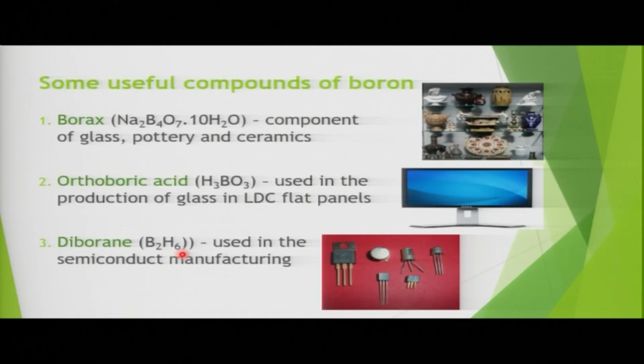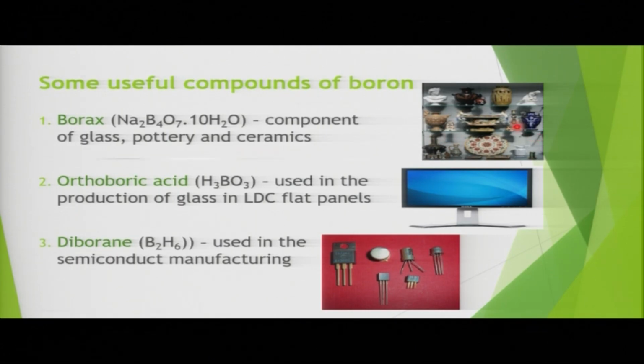So as we come to the end, we look at the uses of most of the compounds of boron. Yes, true, it has abnormal bonding, but some of its compounds are useful. For instance, the borax, as I talked about, is useful in pottery and ceramics.